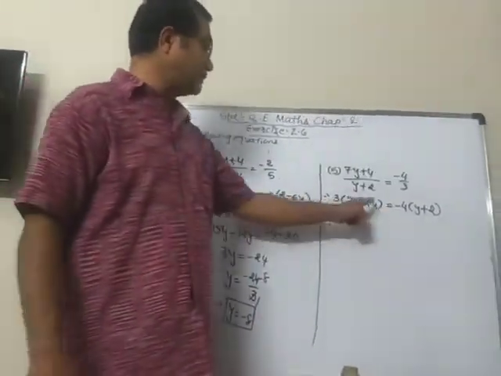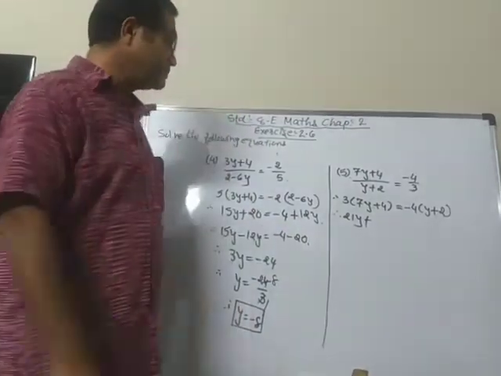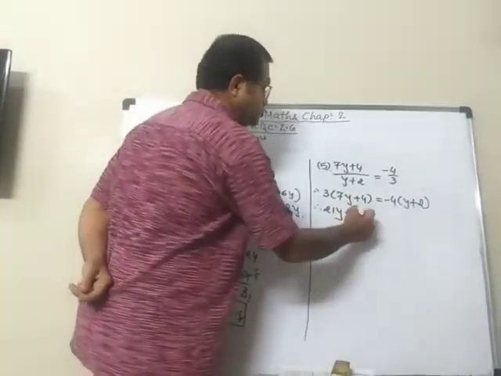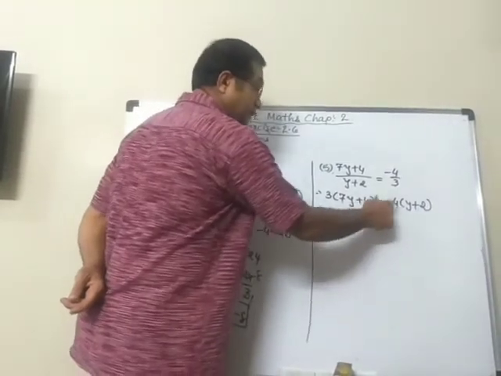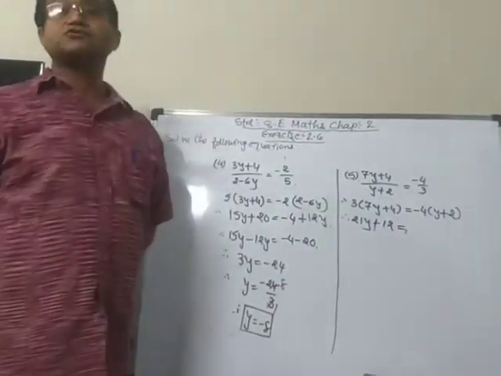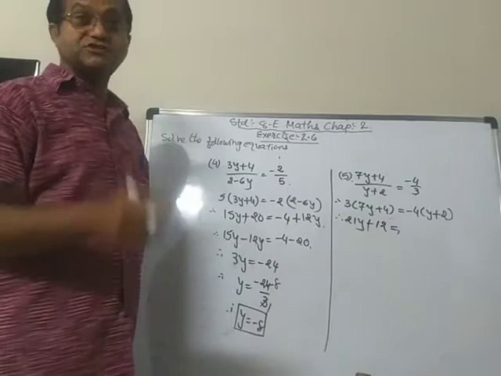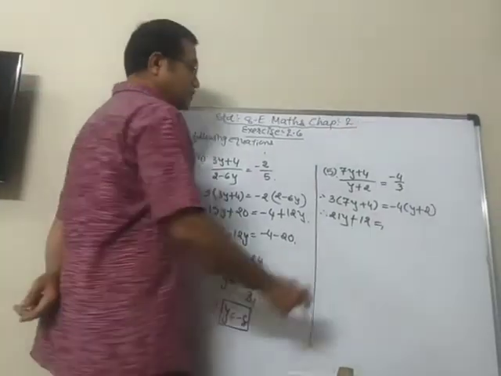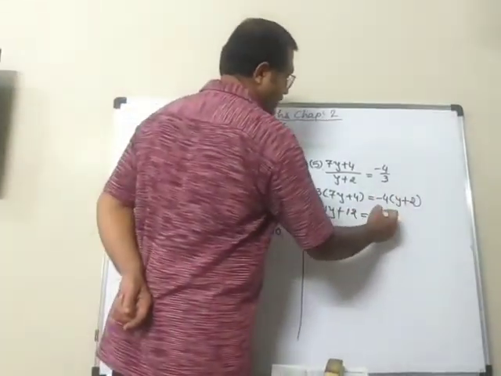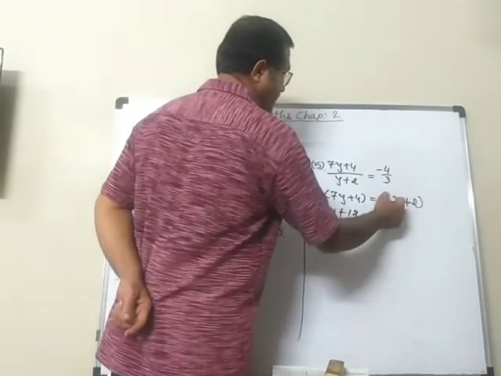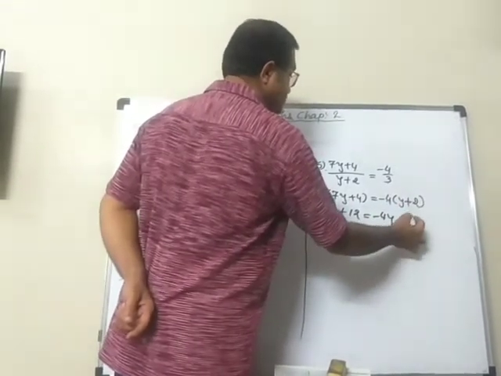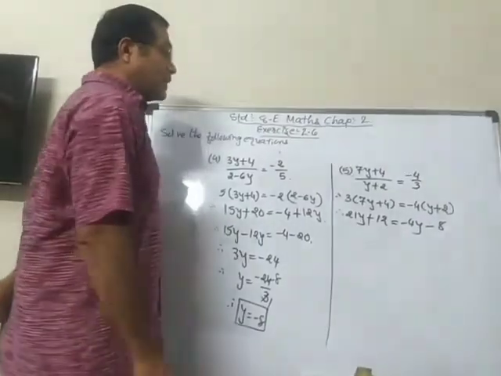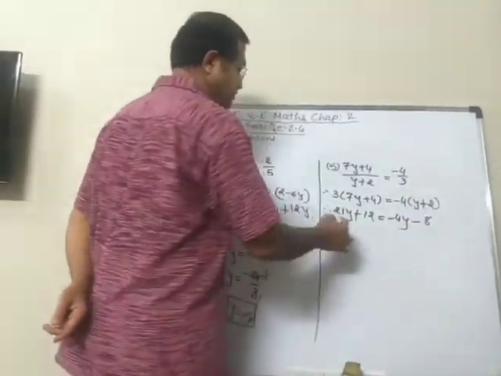Then 3 will be multiplied with 4 also. So it will be 3 4s are 12. So 21y plus 12. Here again there is a minus sign like that, so we have to be careful. Change the sign inside the bracket. So it is equal to minus 4y plus minus 4 2s are 8. So minus 4y minus 8.